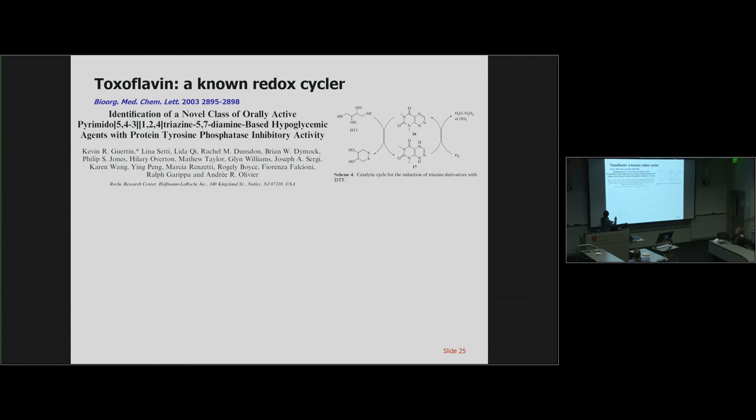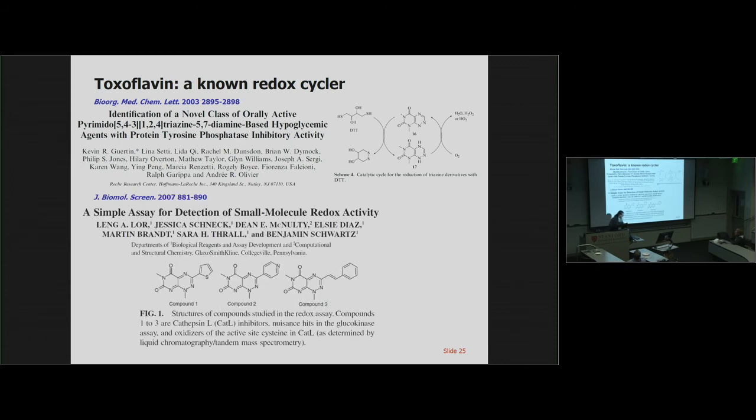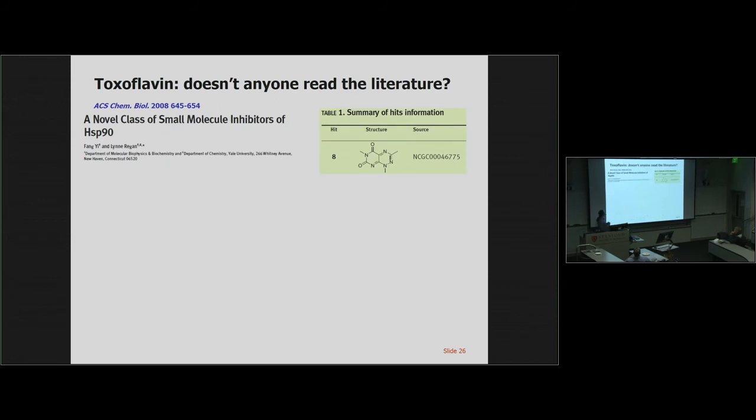So this paper was published in 2003. A few years later, researchers at GlaxoSmithKline described an assay for detecting this type of what they call redox activity, the ability to generate reactive oxygen species in the presence of common buffers. And so this came out in 2007, and they showed various molecules that can exhibit this effect. But nonetheless, in 2008, we had a pretty high-profile academic publish a paper on a novel class of small molecule inhibitors of HSP90.